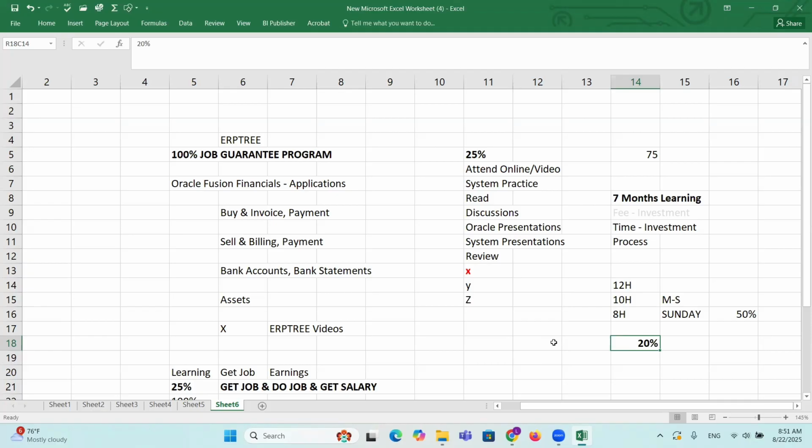So always we find 20% of people who are failing because they only invest the money to be part of this program. They are not investing the time, they are not following the process, they are not regular to the office. When I say office, I mean institute. Here we have a completely corporate office.